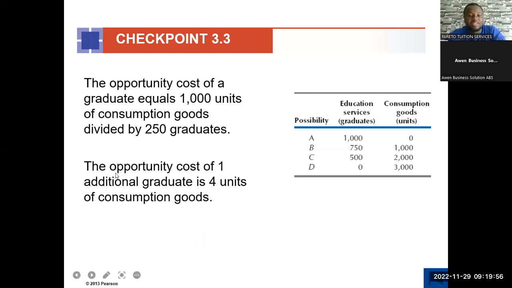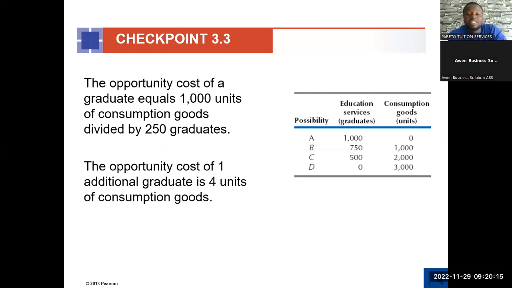Are we together? So the opportunity cost of one additional graduate is 4 units of consumption goods. 1,000 consumption goods divided by 250 gives us 4. So if you need an extra graduate, you sacrifice 4 units of consumption goods.